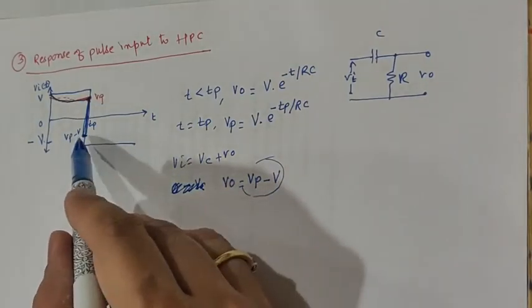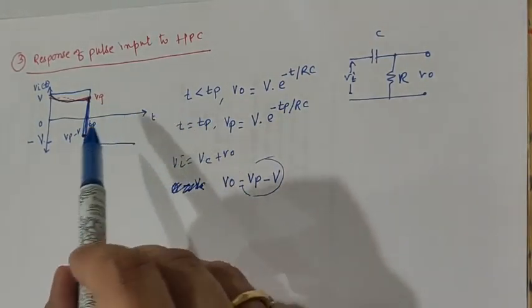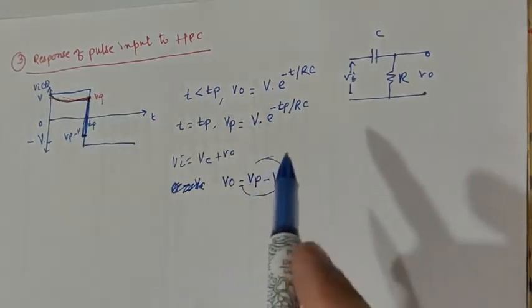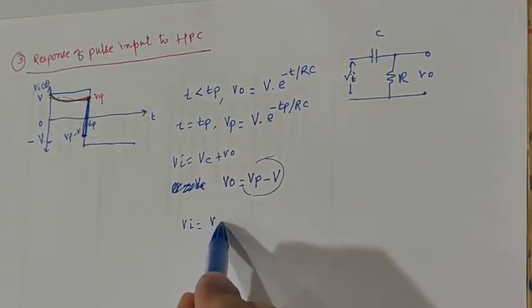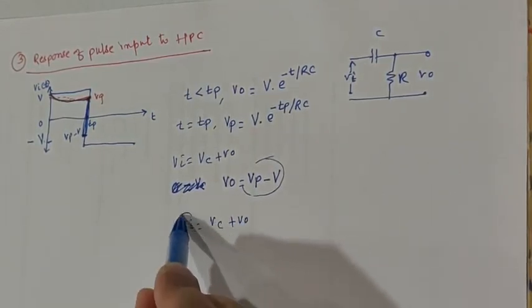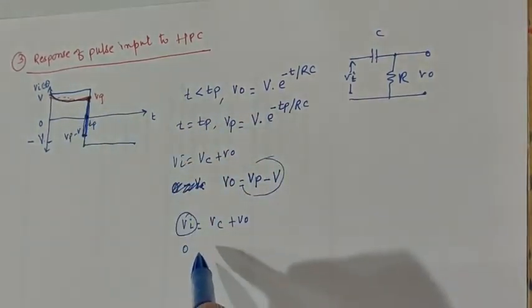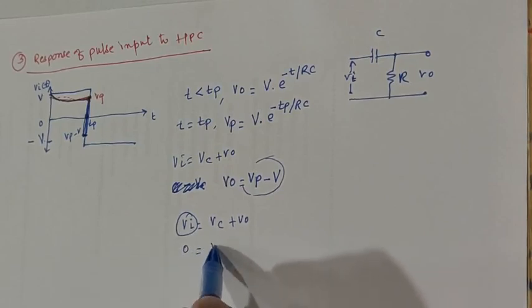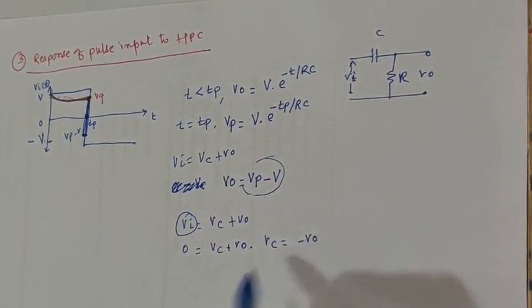Now because the negative voltage has been applied, the capacitor is going to discharge from its initial value. Let us see what the value of the capacitor voltage is. You know that Vi is equal to Vc plus V0. The value of Vi is 0 at this point, so Vc is going to be minus V0.